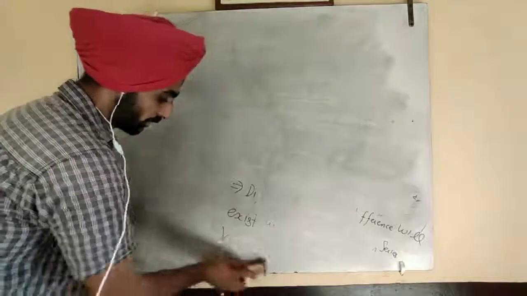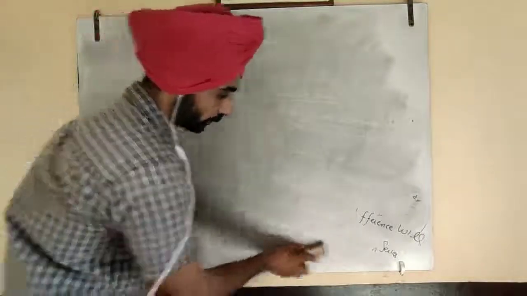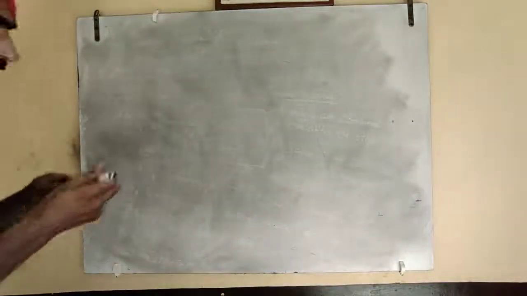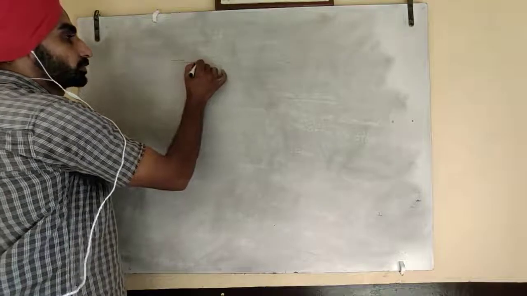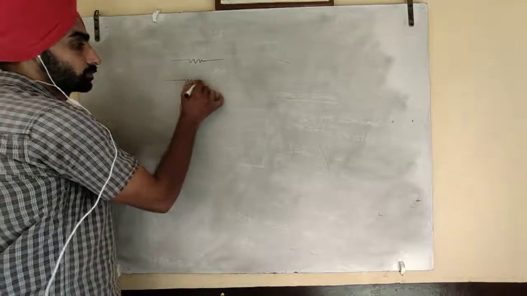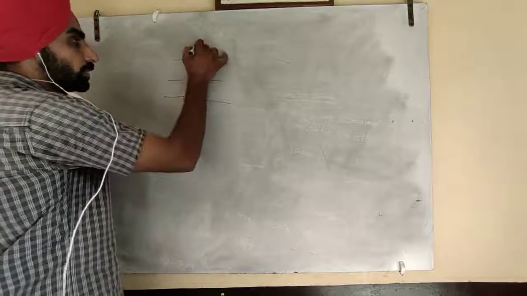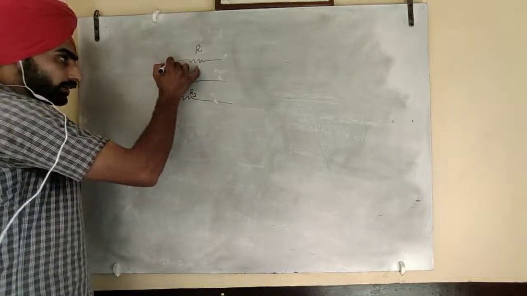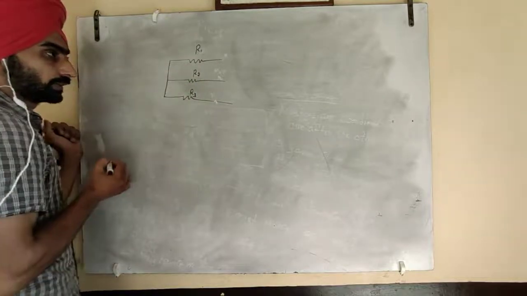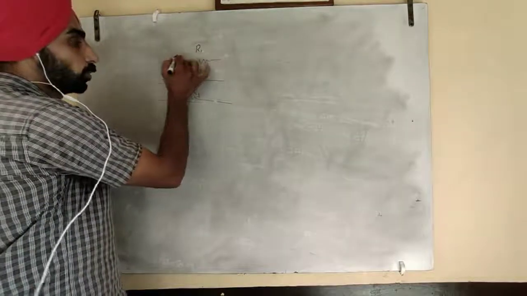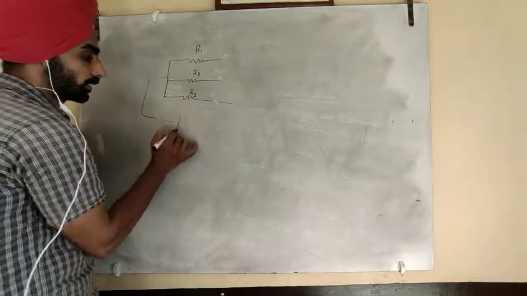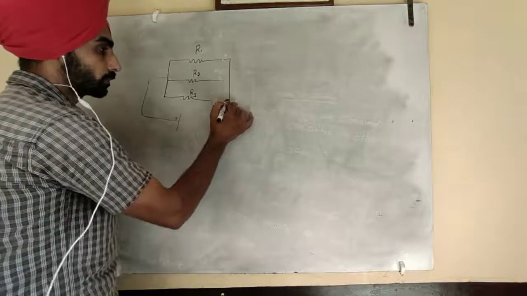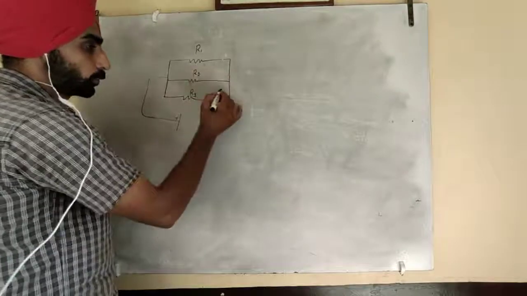It is very simple. You have already done it in 10th class, but again we are going to do it. You will take resistors like this, R1, R2, R3, and connect them like this. This is A, this is B. All the A's are connected to a single potential, and they are also connected to the same potential.